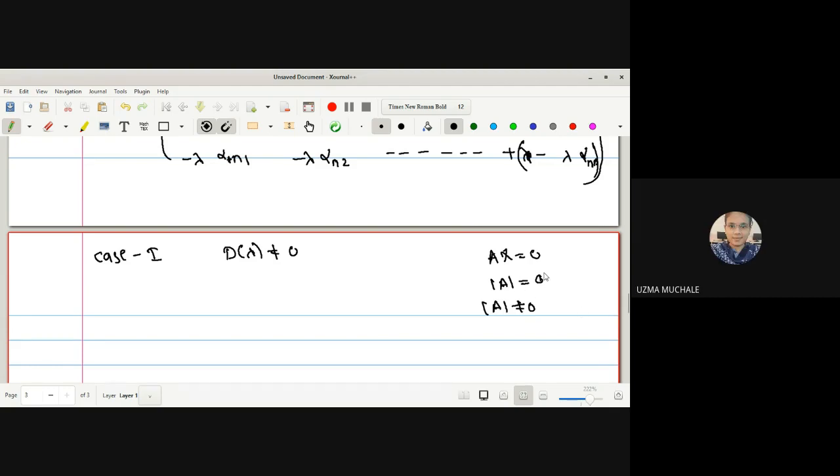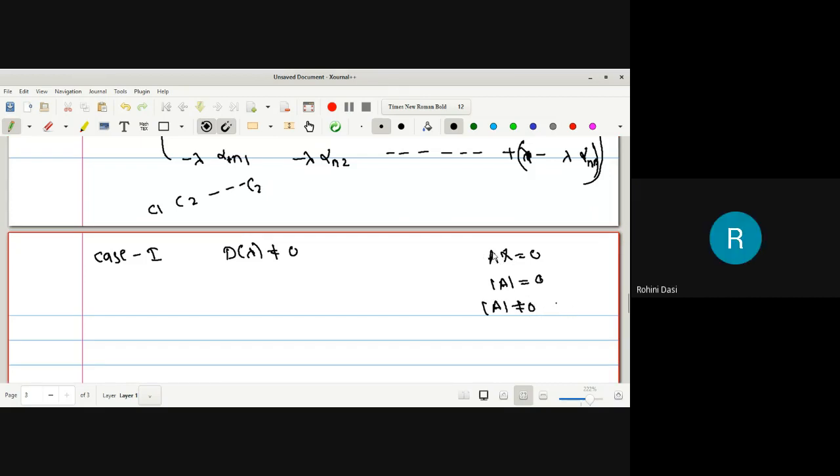No doubt the inverse does not exist, but what will be the case for the solution? We are finding this for solutions. That means we want to find the values of C1, C2, up to Cn. If the determinant is not zero, then all the Ci will be zeros. Correct. Determinant non-zero means all Ci's are zero.